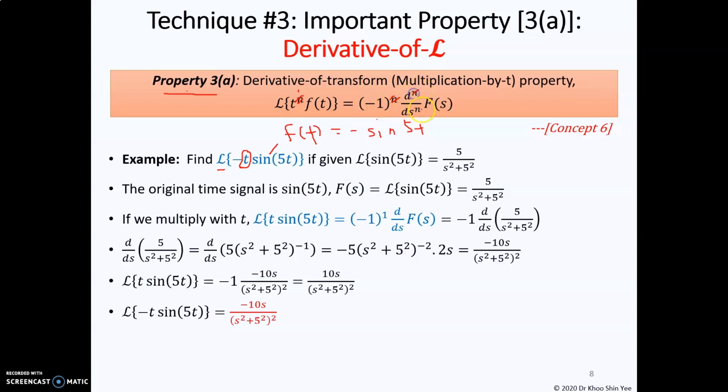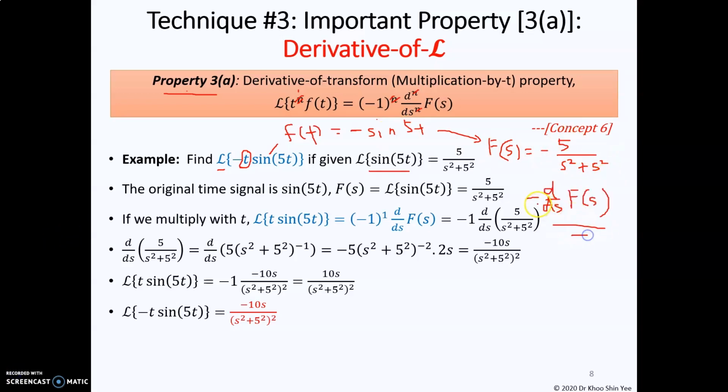So over here is differentiate with respect to x for your capital F(x). Let's recall the Laplace transform for sine pi t is equal to pi over x squared plus pi squared. Since your f(t) is negative sine pi t, then your F(x) is negative here.